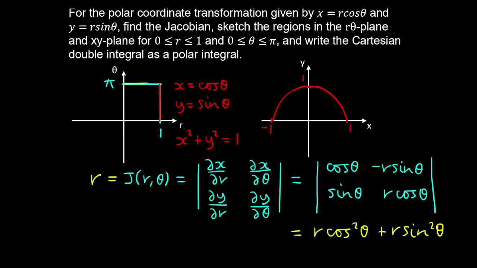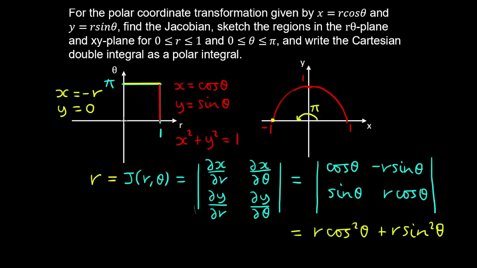And this boundary line, where theta is constant at pi, gives x is equal to minus r, and y is equal to 0. So for r equals 1, which represents this semicircle, x is equal to minus r, and y is equal to 0, which represents this far point over here, where theta is equal to pi.